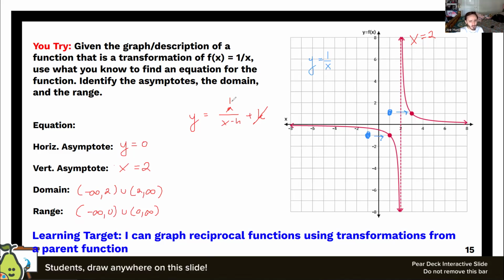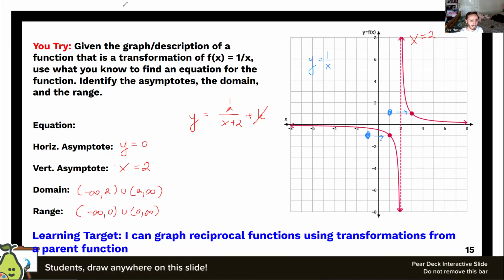That means if I'm shifting right, I've done something to my h term. And this one's kind of tricky in the sense that I might initially think that if I'm shifting right 2 units, I'd write it as x plus 2 here. That's actually not quite it. It's close, but it's not perfect.